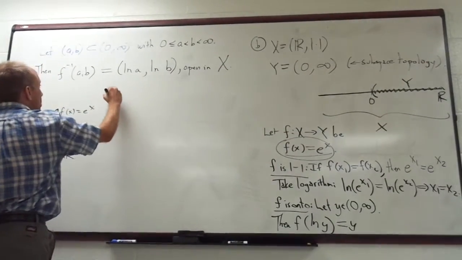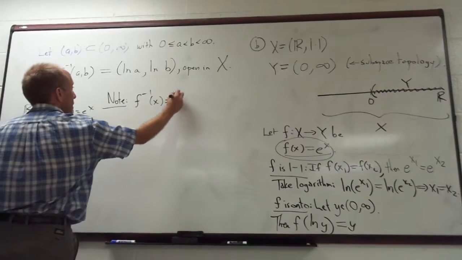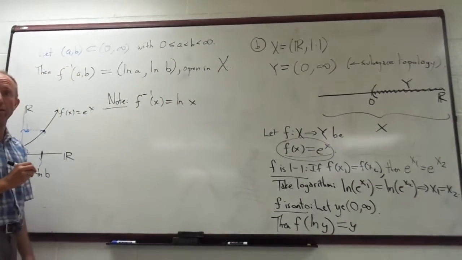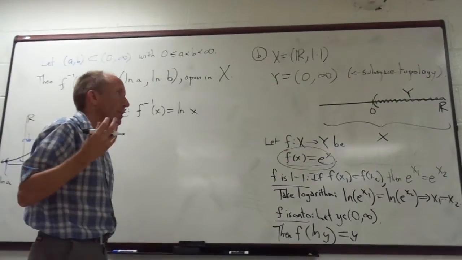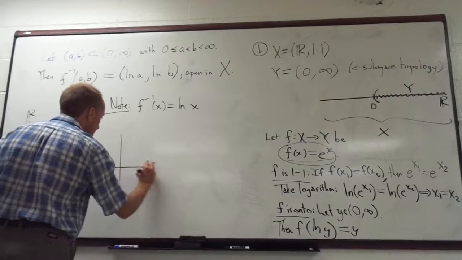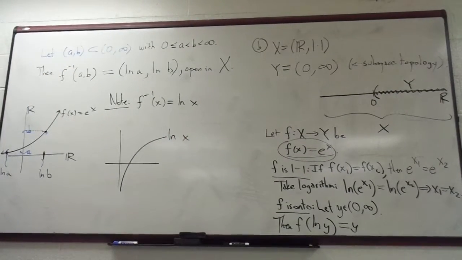So note that f inverse of x is going to be the ln of x, and that is also going to be continuous. The ln graph, of course, looks like this. I'll just draw a picture of it for you here.